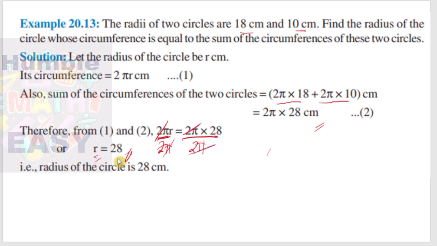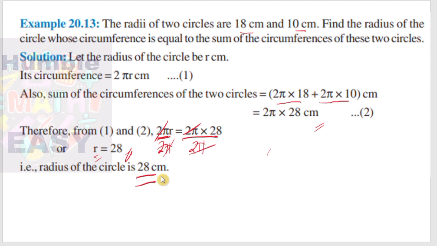What does it mean? It means that the radius of the circle we asked for is 28. So the radius of the circle is 28 centimeters, given the relationship wherein the circumference is equal to the sum of the circumferences of the two given circles.